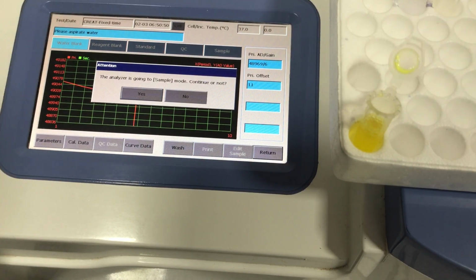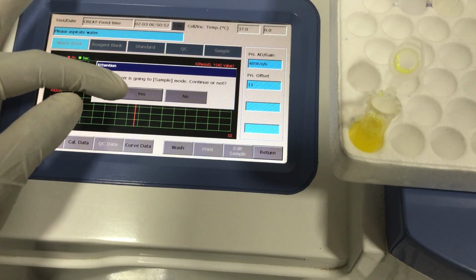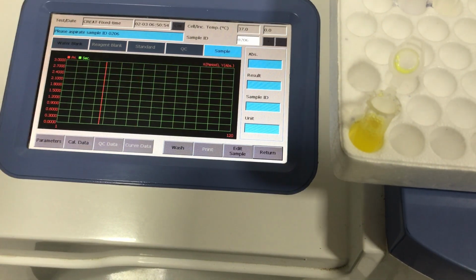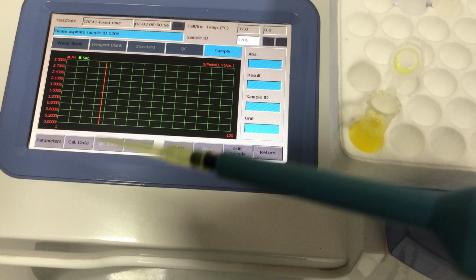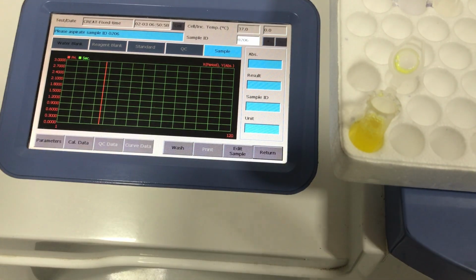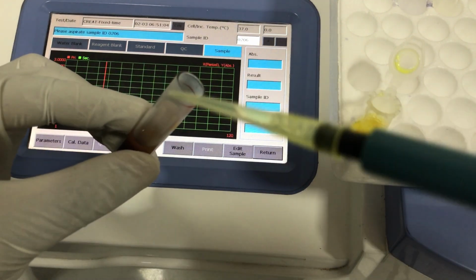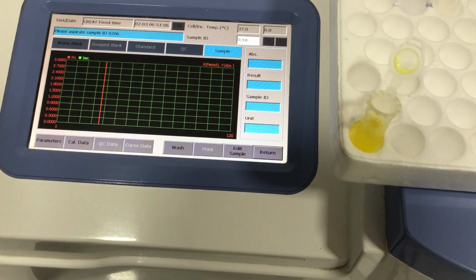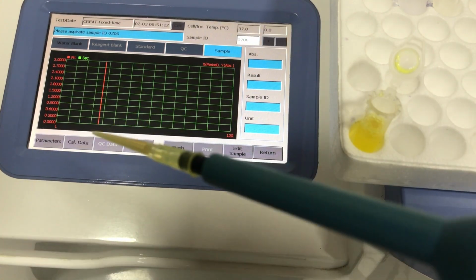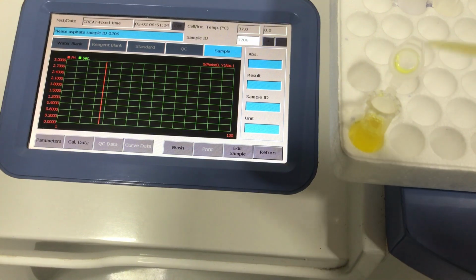So I go to yes, and then from here I can transfer 100 microliters of my sample into the working reagent. So that's it. I'm going to transfer. So that is 100 microliters of my sample, and I'm going to transfer it into the working reagent.